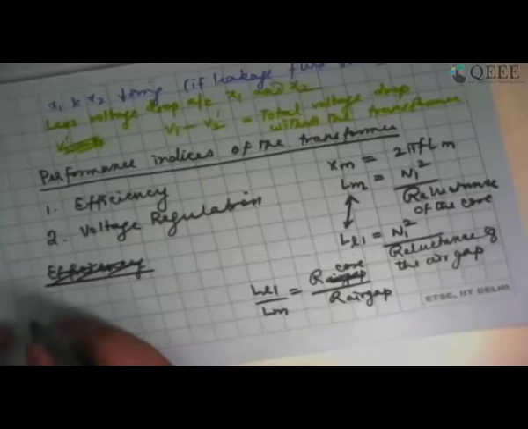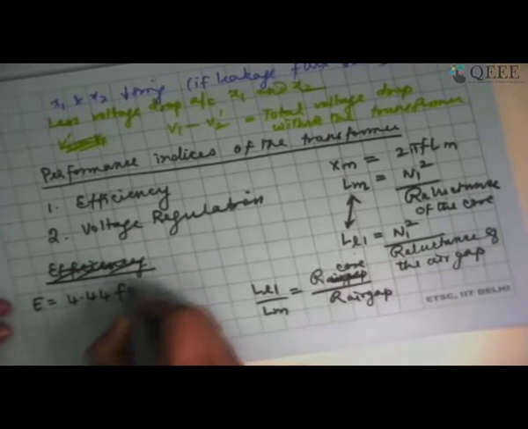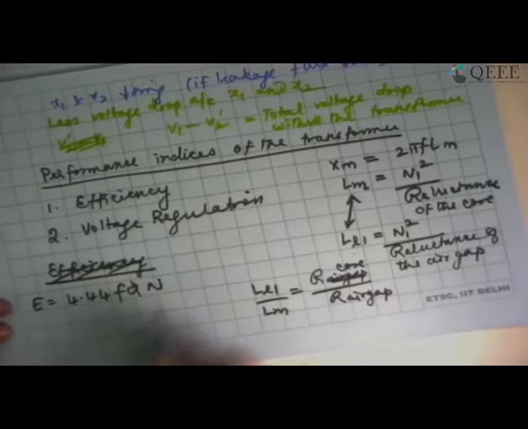How do we decide the size of the limb in a transformer? So the limb in a transformer essentially is decided based on the area of cross section, which is decided based on the operating flux. So operating flux is decided by E equal to 4.44 f phi into number of turns.